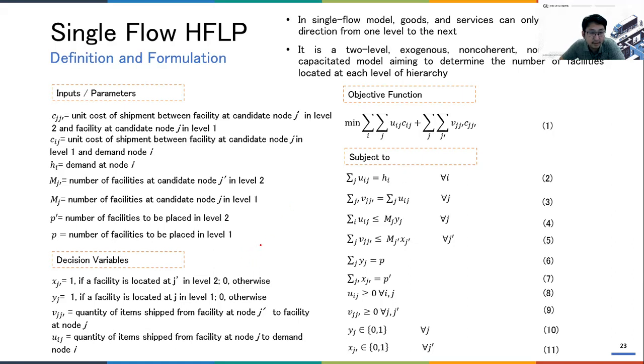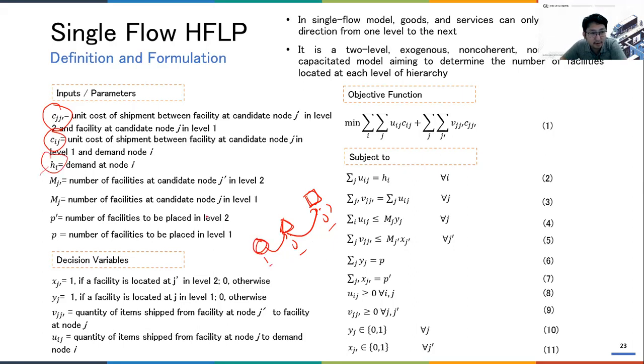You can transfer the demand from demand node I, this one is square, to J, facility in the first level, and then from the first level you can transfer to the second level, J accent. So there will be a cost related to transferring from J to J accent, and then there will be a cost transferring from I to J, the demand to location.